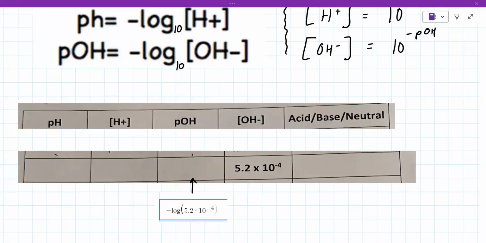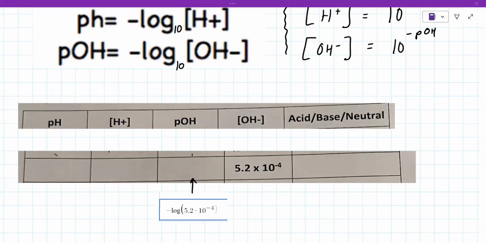Yep, just type it in. Minus log 5.2 times 10 to the minus 4. It says one element list in the answer area.